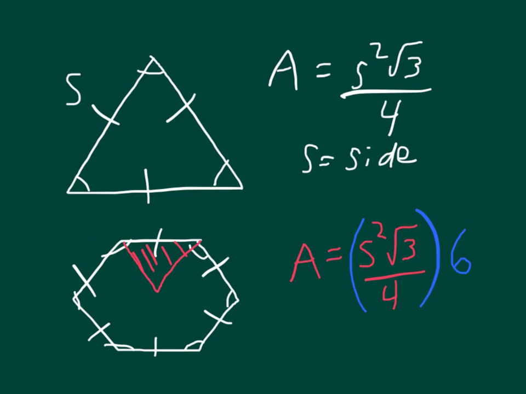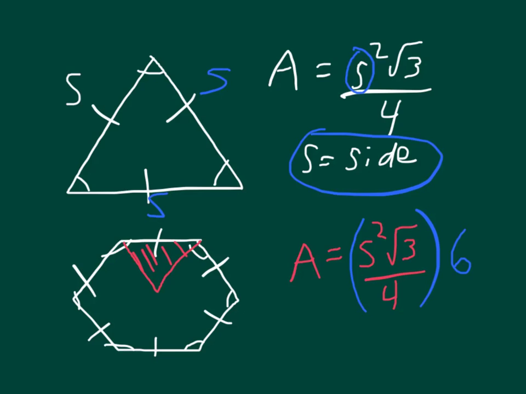That probably came at you pretty fast, and we're going to do some practice in a minute, but here is a quick summary. On this first problem, we have an equilateral triangle with 3 equal sides and 3 equal angles. The area of that is side squared √3 over 4. S stands for the side, so try to highlight it a few times, but this is not a 5, it is an S. It's for any side of our equilateral triangle.